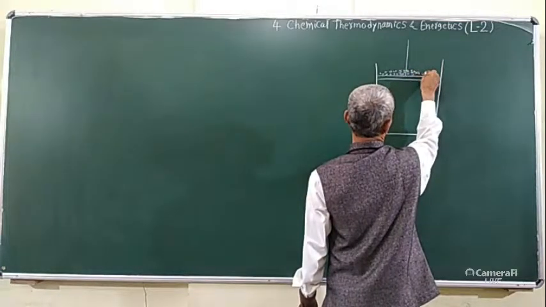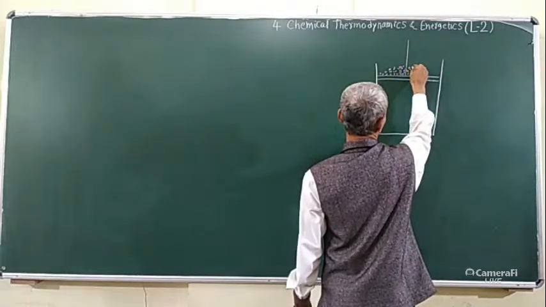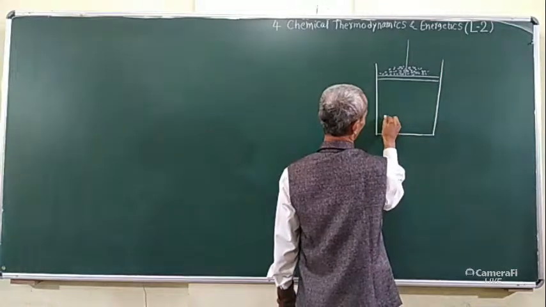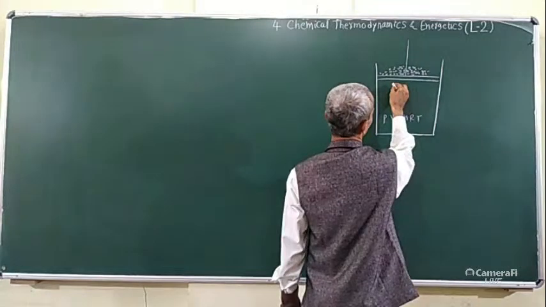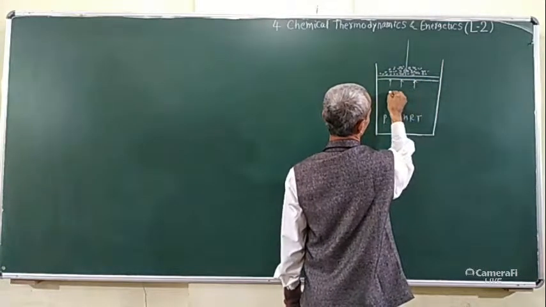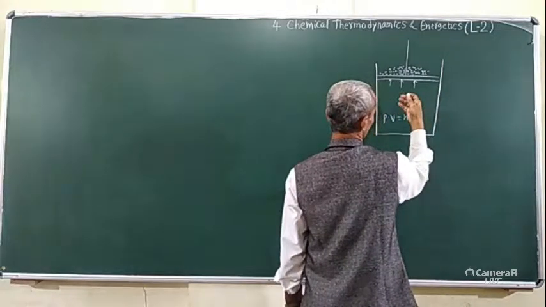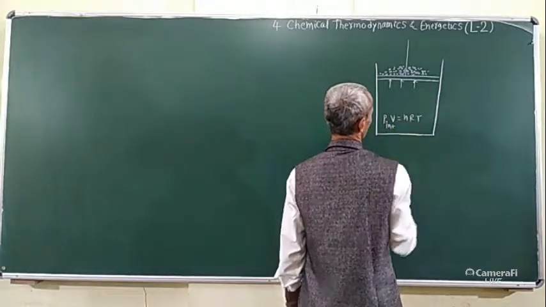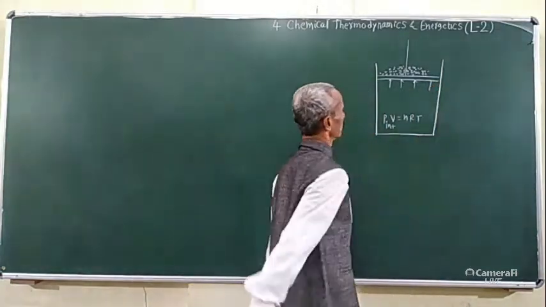The system consists of, suppose, an ideal gas, and therefore PV is applicable for the ideal gas, and this gas exerts a pressure. This is the internal pressure due to the ideal gas which is enclosed in this system.